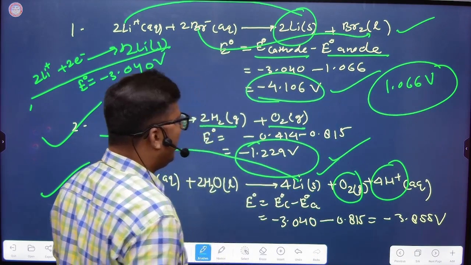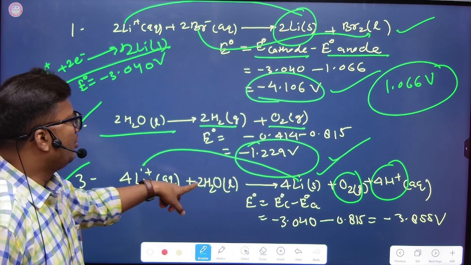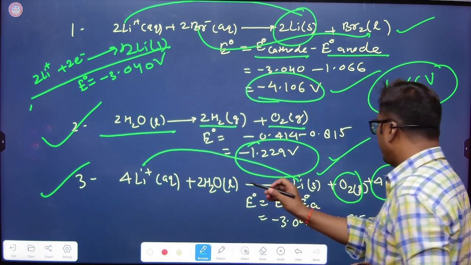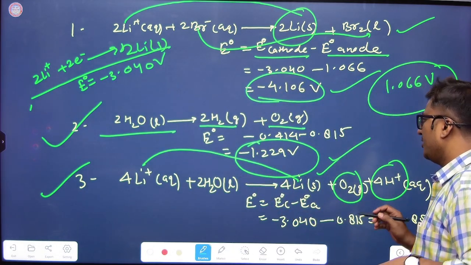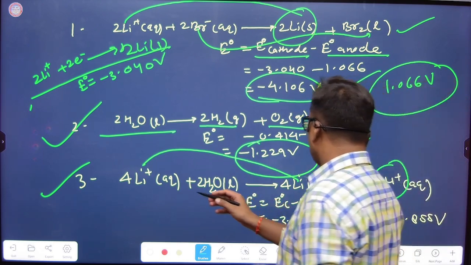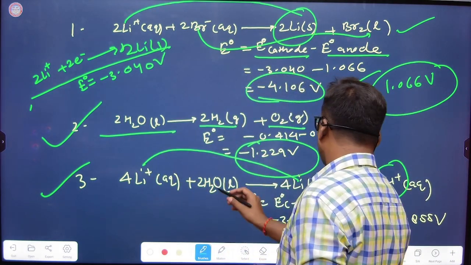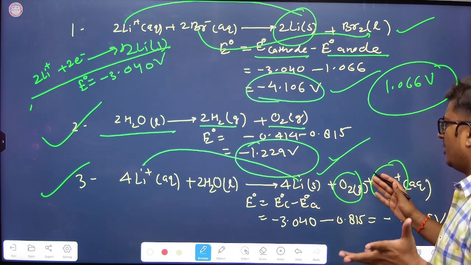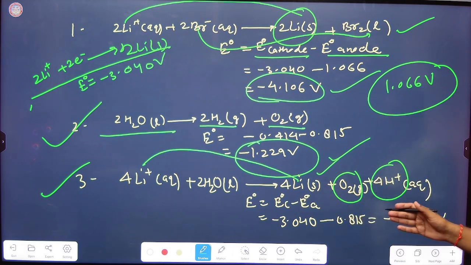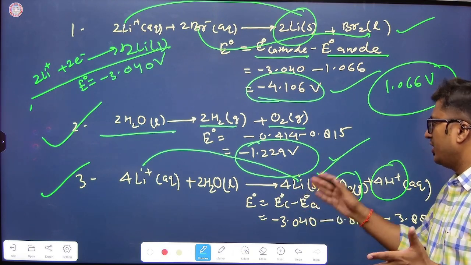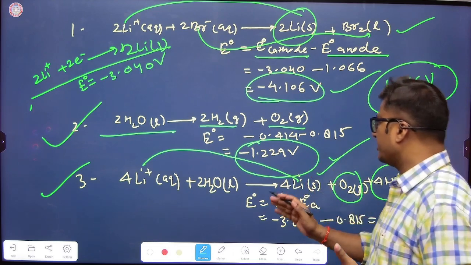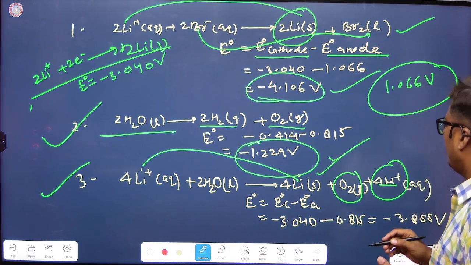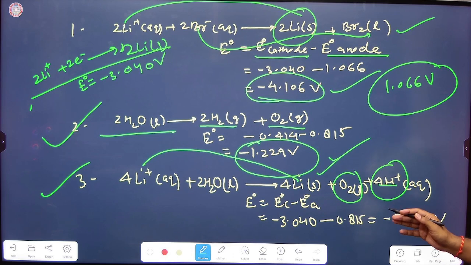So lithium is again reduced, and here water is oxidized. Here oxygen has a -2 oxidation state, and here oxygen has a 0 oxidation state, right? So now this is reduction and this is actually oxidation, right? So again there is a complete cell reaction, that is a half cell reduction reaction and a half cell oxidation reaction, that comprise the overall cell reaction. So what is the resultant cell potential or EMF value?